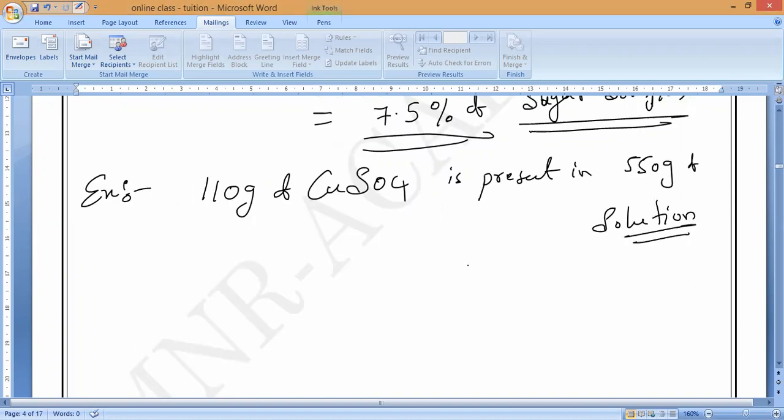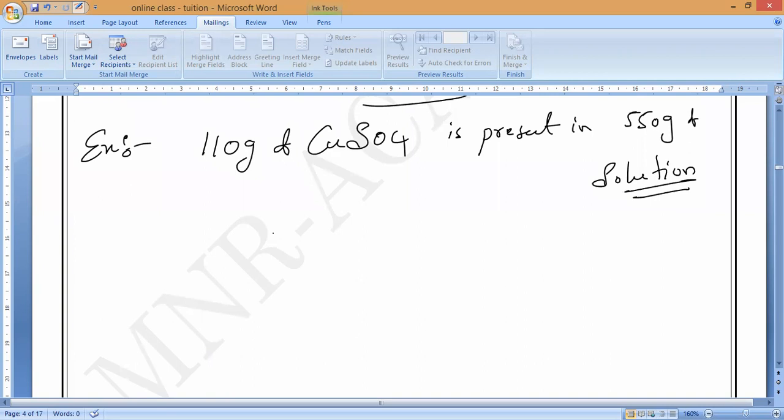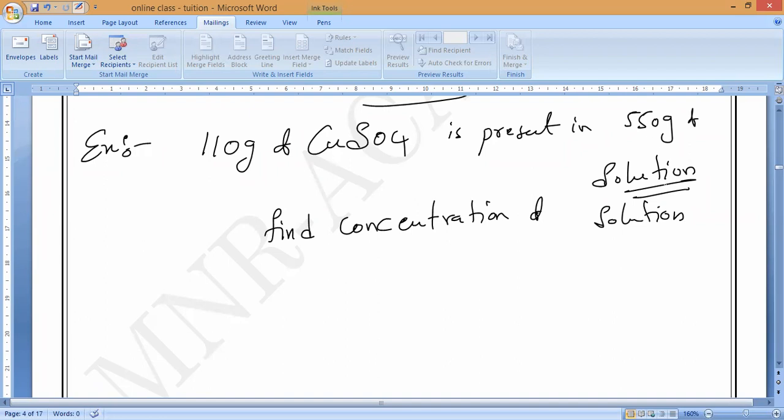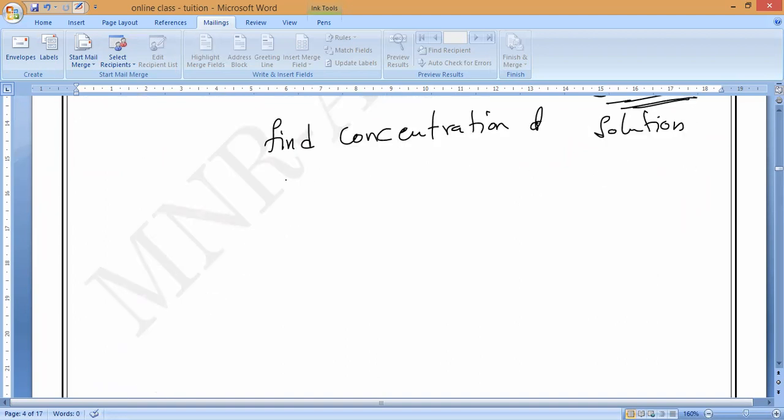Directly you can do it. Find the concentration of the solution. Here I have given the mass of solution itself, so we don't need to find it. Directly you can substitute. What is the formula?